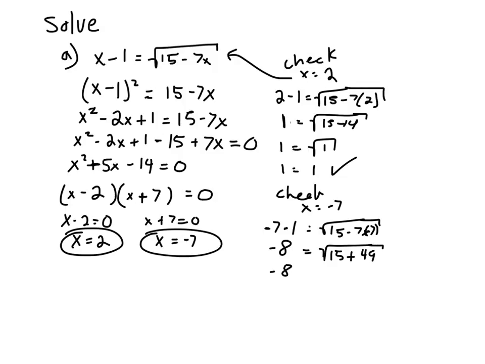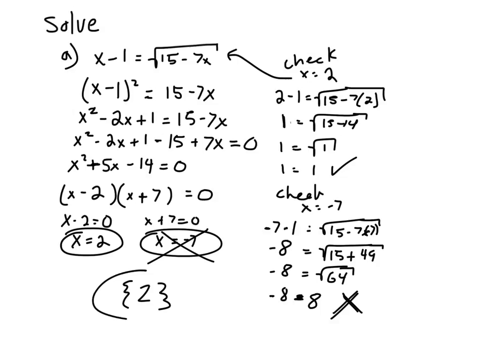Okay, negative 8 equals the square root of 64. Negative 8 equals 8. Okay, so what happened here? This is not a solution, okay? Negative 8 does not equal 8, so it's not a solution. Remember I said it's very important to check, because what will happen is you'll have a problem with your sign. The signs won't match up, so make sure you always double check. So x equals negative 7 is not a solution. 2 is the only solution.